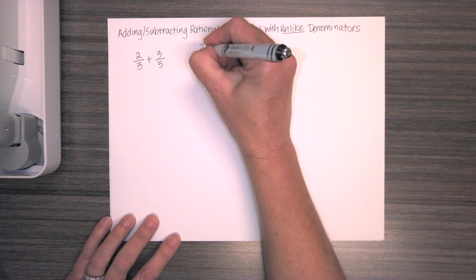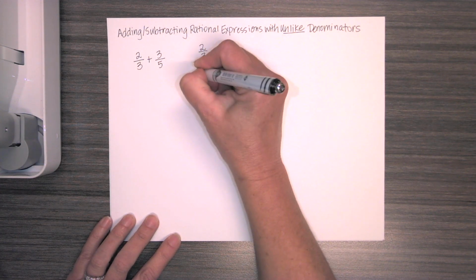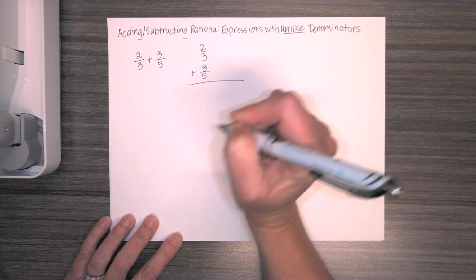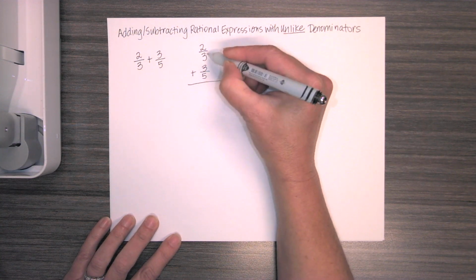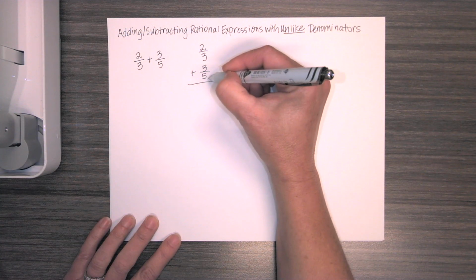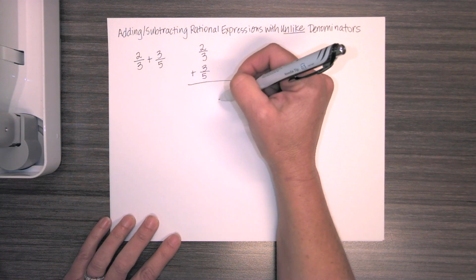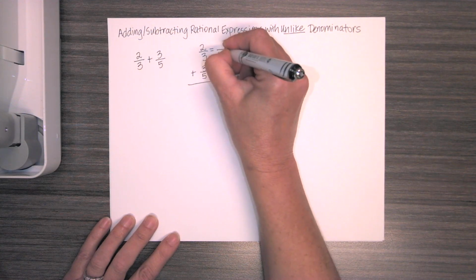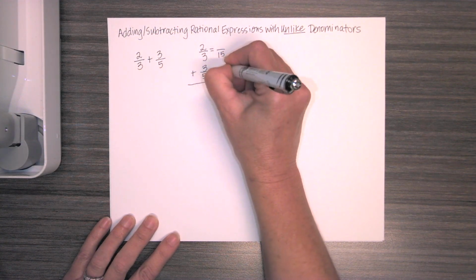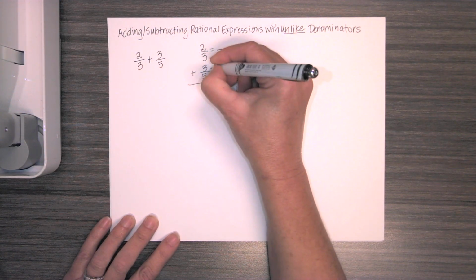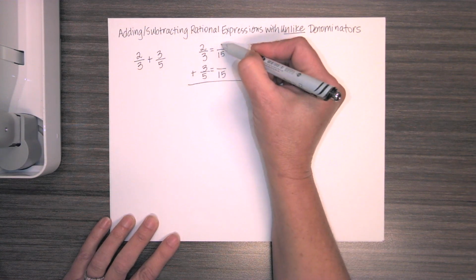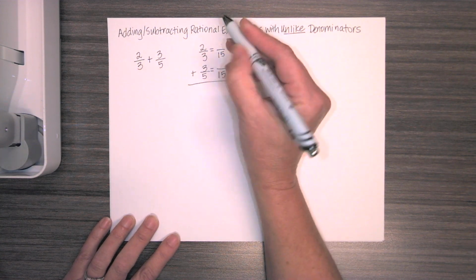Now when I add and subtract fractions and I have to get a common denominator, I like to write my problem vertically, because I'm going to have to write an equivalent fraction for each of these that has the common denominator that I chose. So in this case, my common denominator is 15. So I come out beside each fraction and write an equivalent fraction with a denominator of 15, and I will have to figure out what these numerators are going to be.